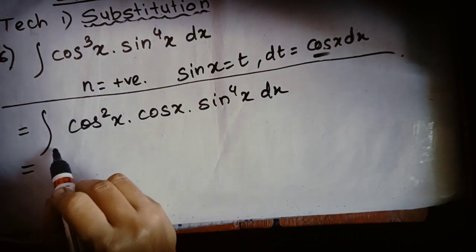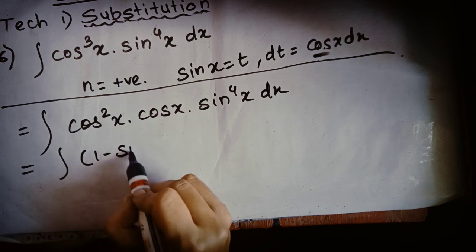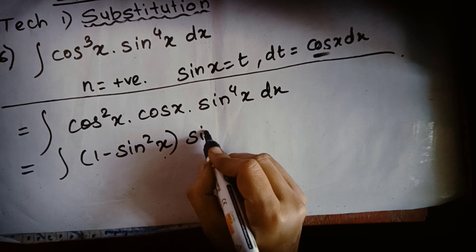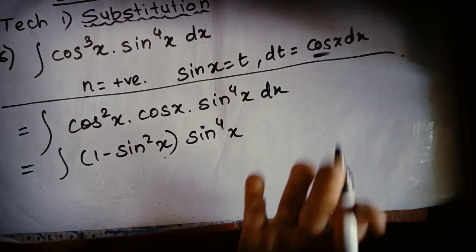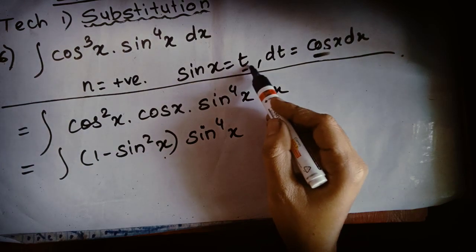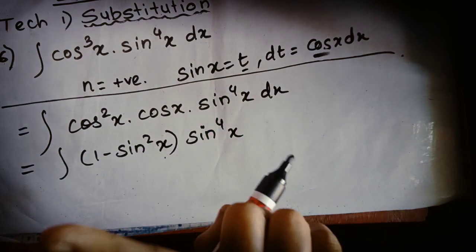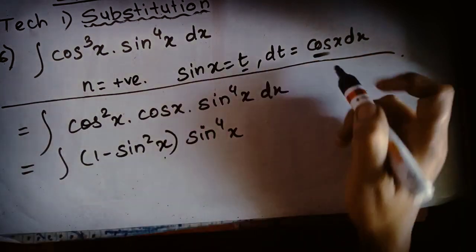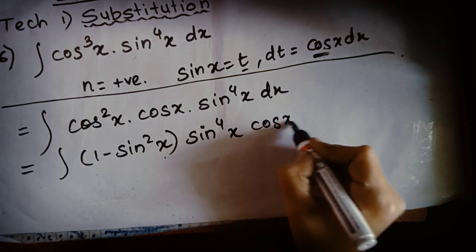Okay, cos square x, you can write it as 1 minus sine square x. See, we are converting all the cos into sine because we have to put this t over here, and we need only one cos, that is, we don't need any cos square or cos cube, only cos, because we have to substitute cos x dx as t.